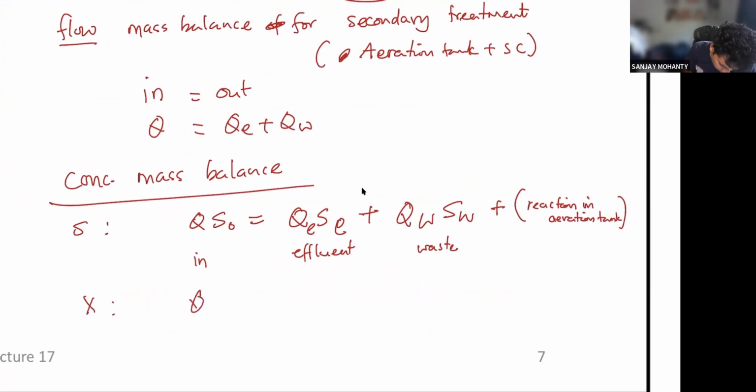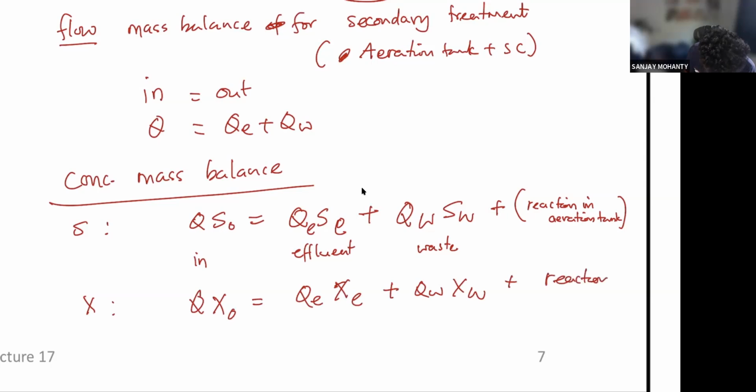Same thing if you do it for the suspended solids, you are going to write it the same way. So this is going to be X0, QE XE, plus growth, because solids are produced. Suspended solids could be produced because of microbial growth.